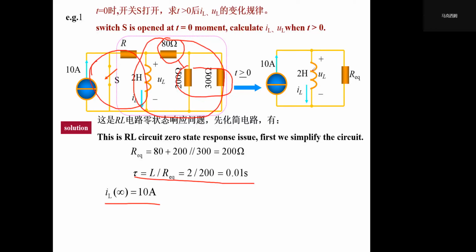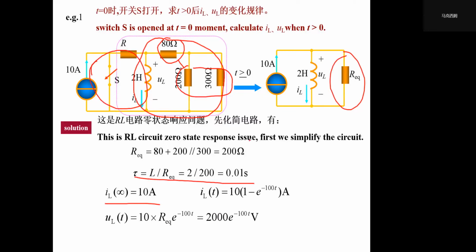So we know that eventually it will bypass the equivalent resistance. So we can calculate the corresponding IL and the corresponding UL. So this is it. It's very simple.